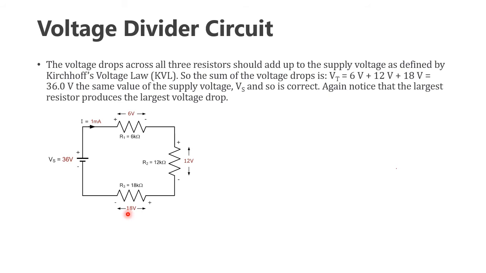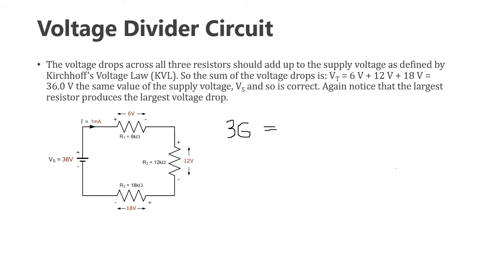According to KVL, we can write that the supply voltage, or the terminal voltage, is equal to the sum of all the voltage drops across each resistor. Here there are 3 resistors connected in series. So according to KVL, the supply voltage, that is 36 volts, will be equal to the voltage drops across each resistor.